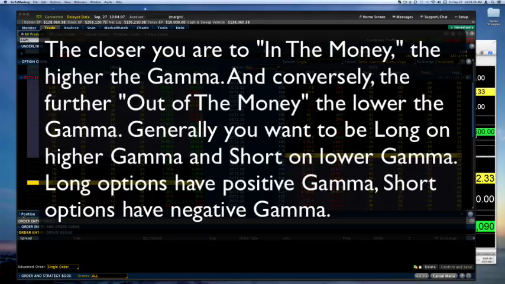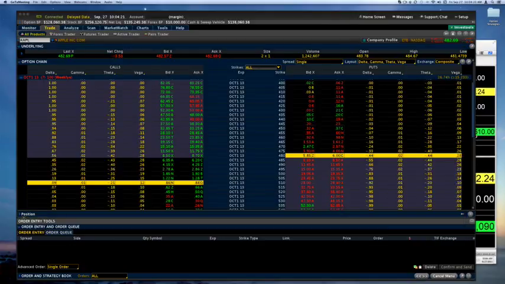Again, gamma is measuring the rate of change of the delta as we approach or move away from the money. As we're approaching the in the money or at the money line, gamma is getting higher.